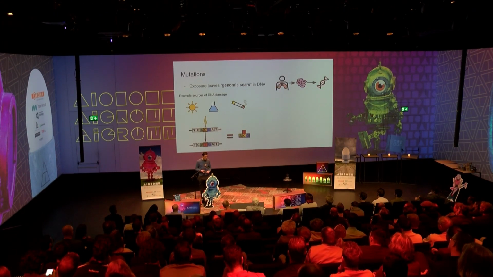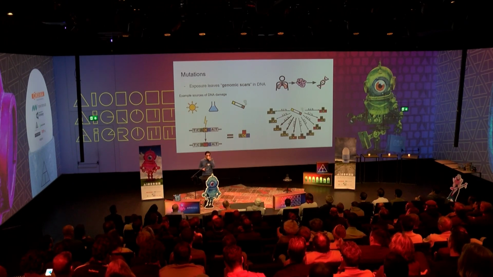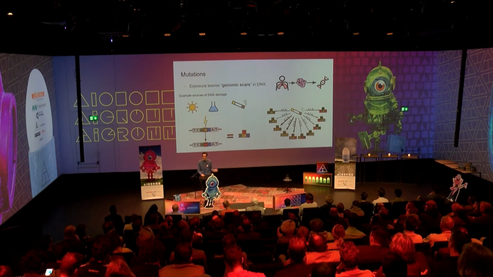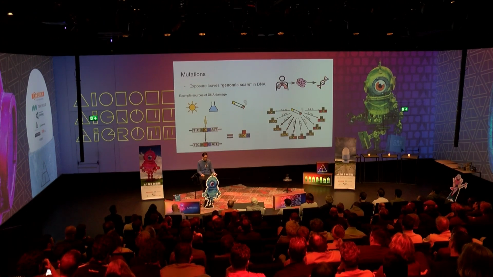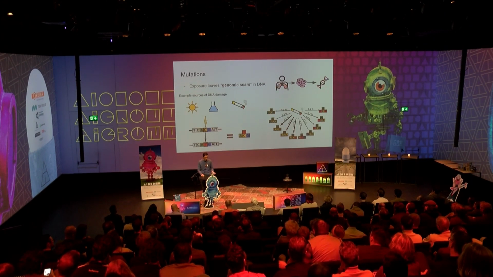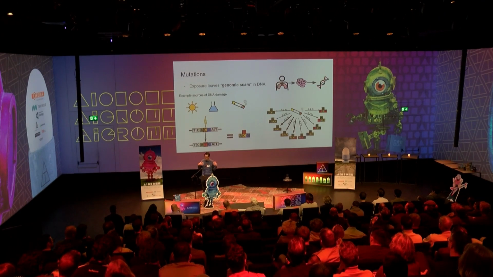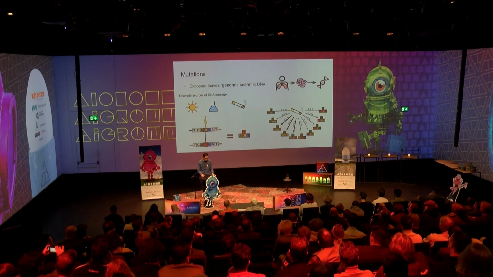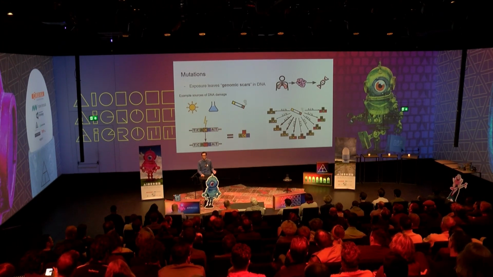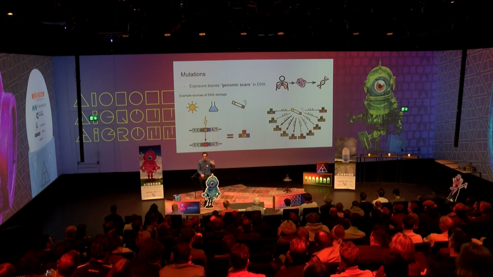And this is quite clever because it means that we can infer how these mutations were created by looking at the local motifs. So here, for example, I have shown from cigarette smoke that you can really see that they like to change the C to A, and they have some preference from the neighboring letters. So just by looking at what kind of mutations you have, you can infer how it was created. They call this genomic scars because they leave this kind of scar which tells how they were created.